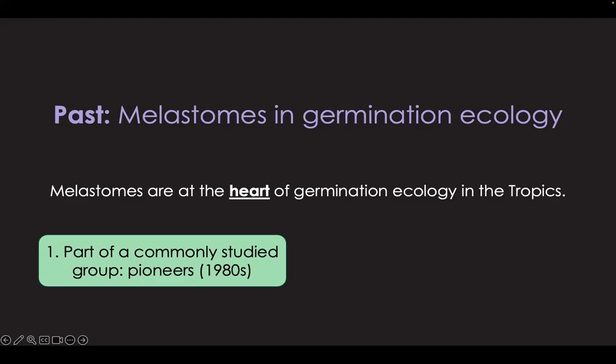So every study about the germination ecology of pioneer plants always has a melastome. We always see this in these pioneer studies about the germination ecology of tropical species.